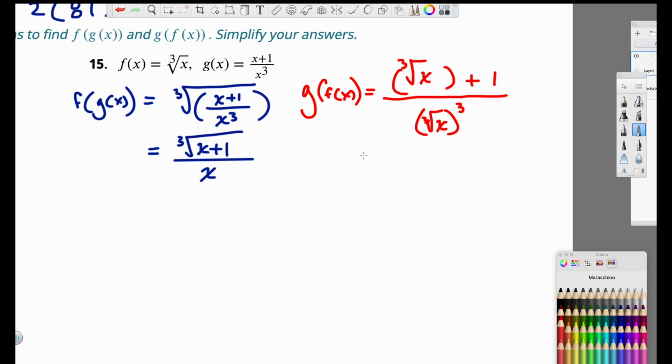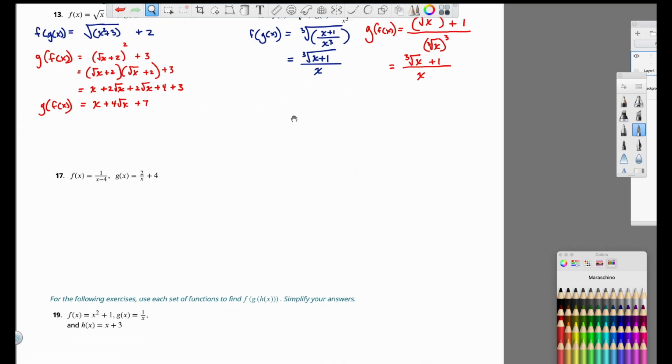And then the cube root of x cubed right here would cancel and leave us just with x. And then in the numerator, I've got the cube root of x plus 1. That's all we can do for this one. Again, we would have a restriction on the domain because we're dividing by x.